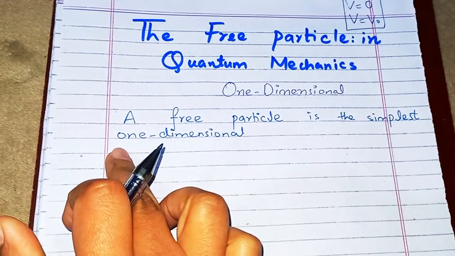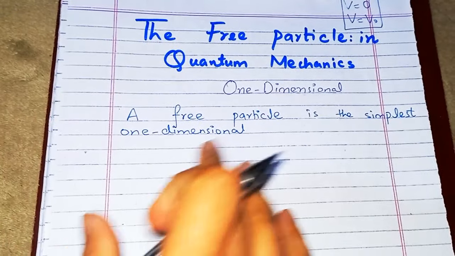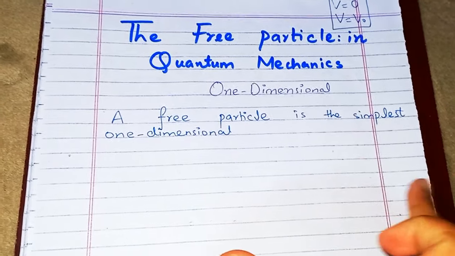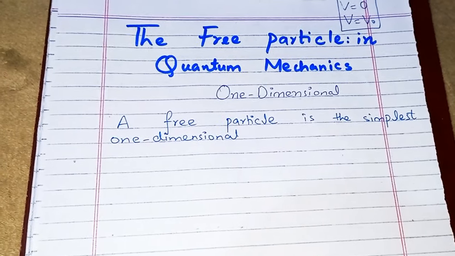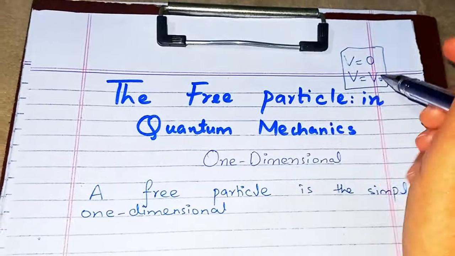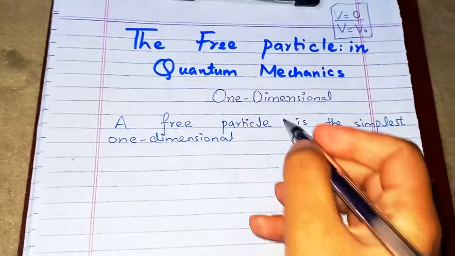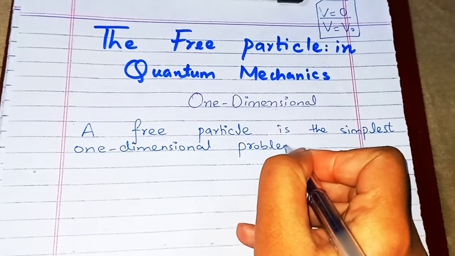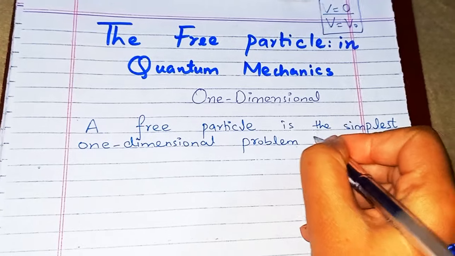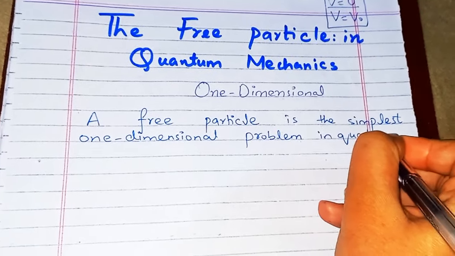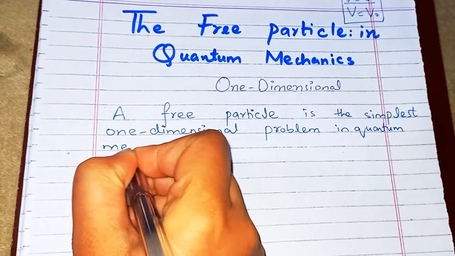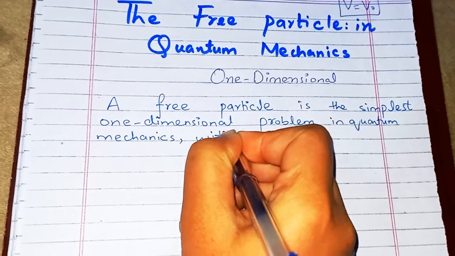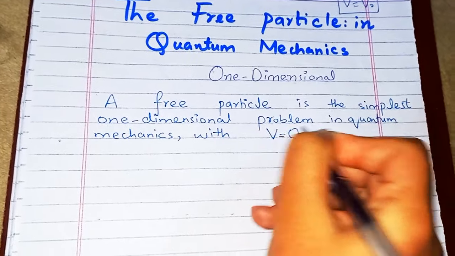If it's 3D, you write 3D, because out of all the dimensional problems, the free particle problem is always the simplest one because it incorporates the zero potential energy term, and that makes the problem really simple in quantum mechanics, with V equals 0 everywhere.